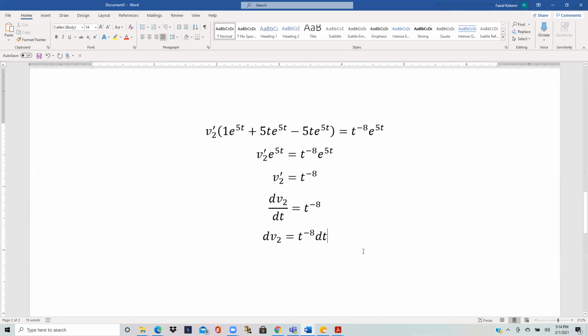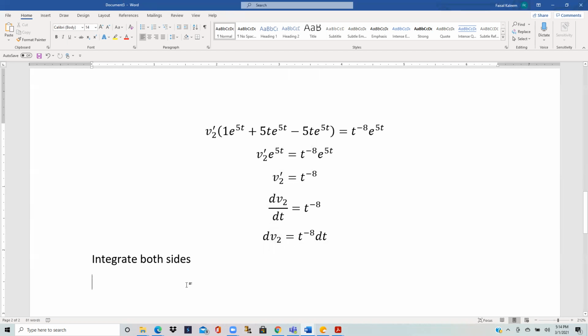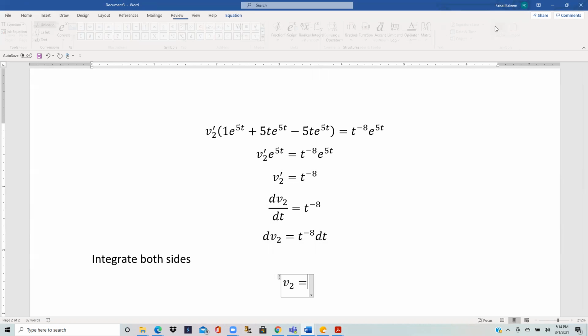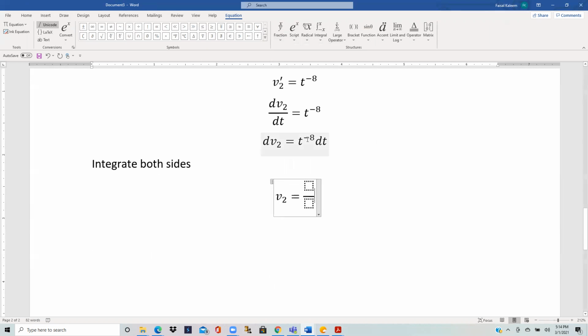And now we integrate both sides. Remember, this is method of separation of variables. So we get v2 is equal to t to the negative 7 over negative 7.